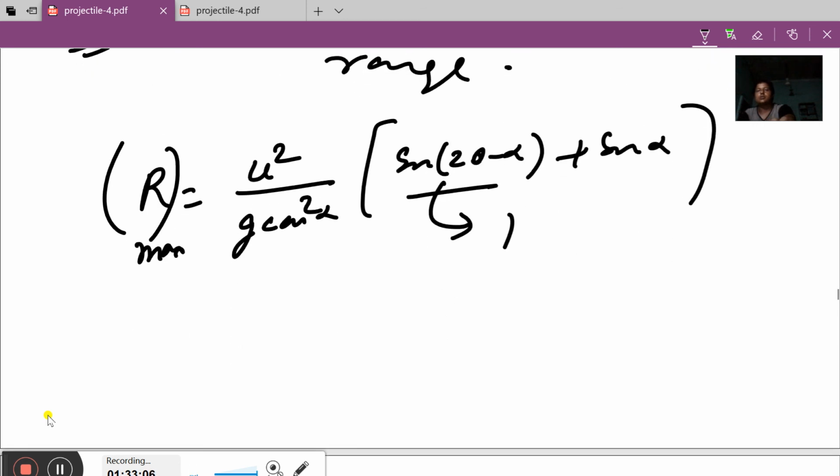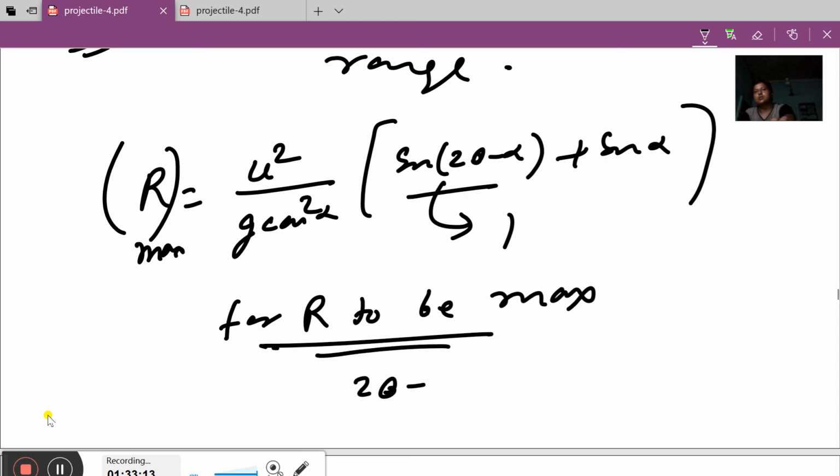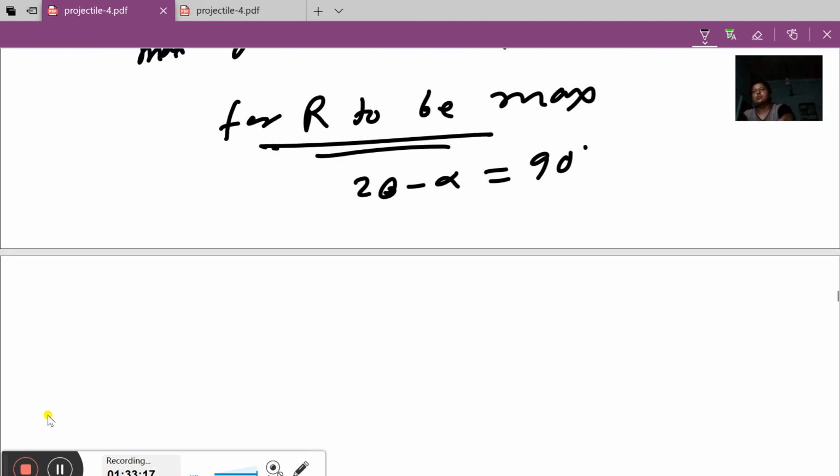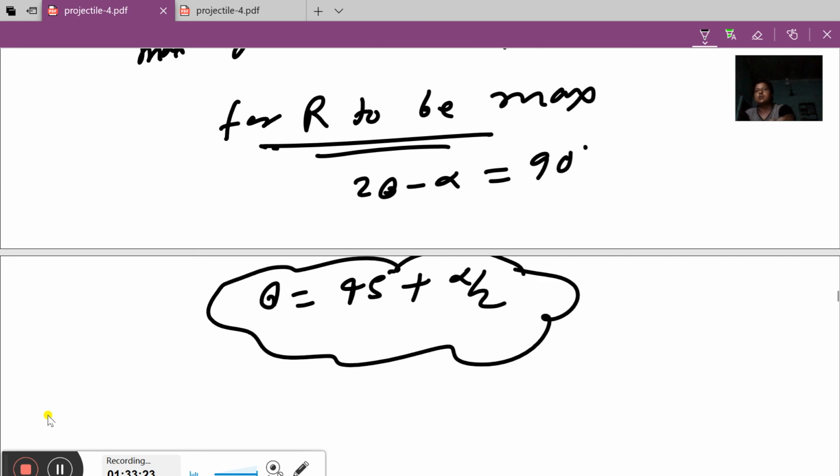So for R to be maximum, 2 theta minus alpha must be 90 degree. So theta must be 45 degree plus alpha by 2. This is the required condition.